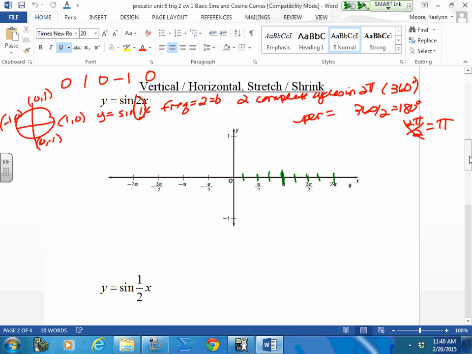Now, we're just going to go through this with our max, our mins, and our zeros. 0, 1, 0, negative 1, 0. There's 1. We're going to do it again. 0, 1, 0, negative 1, 0. Do I have 2 complete cycles in 2 pi? Right?